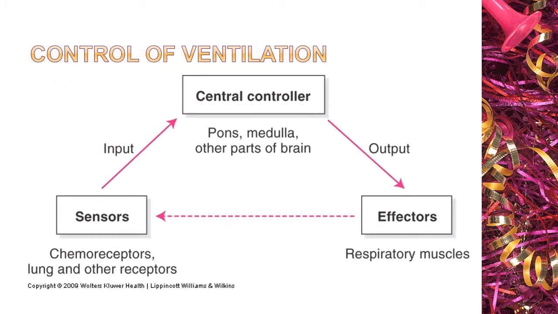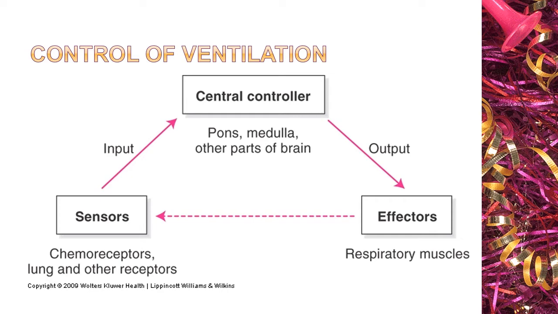Right, the control of ventilation basically can be divided into three main parts. So you have the sensors, the central controller, and the effectors. So basically, when there's changes, the sensors sense that changes, and the sensors will give the information to the central controller, which will then decide what to do with the change of the condition.